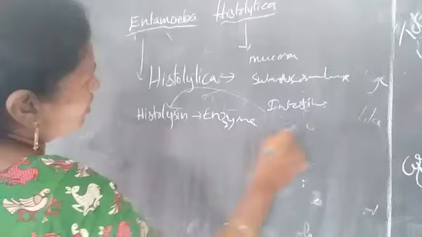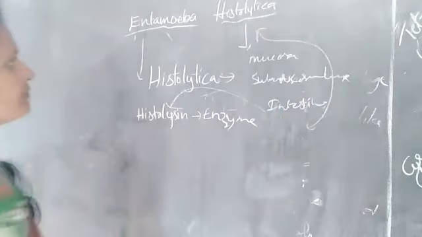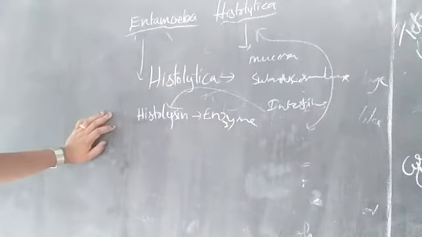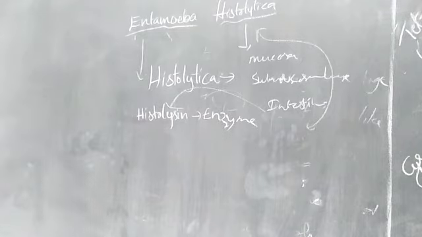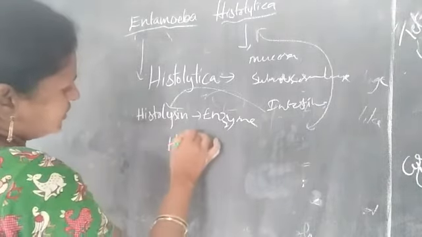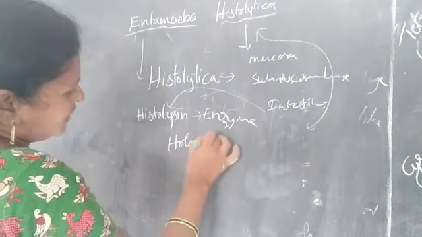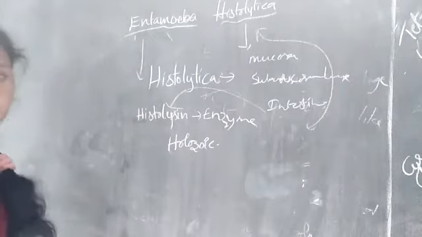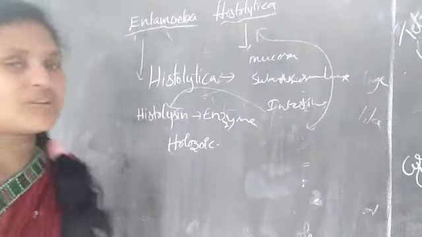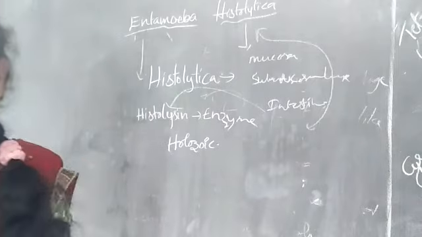So then it is called histolytica. Its nutrition is holozoic. So that is the first stage of Entamoeba histolytica.